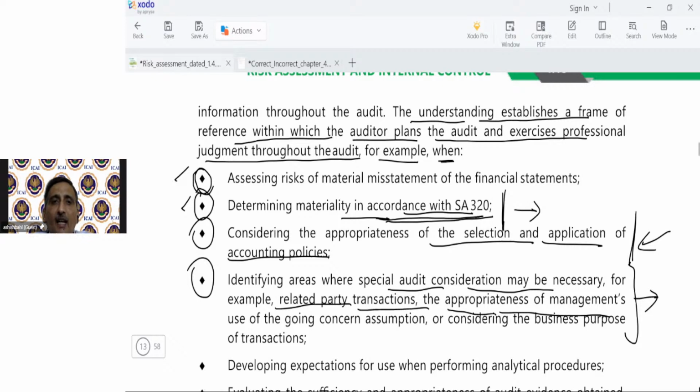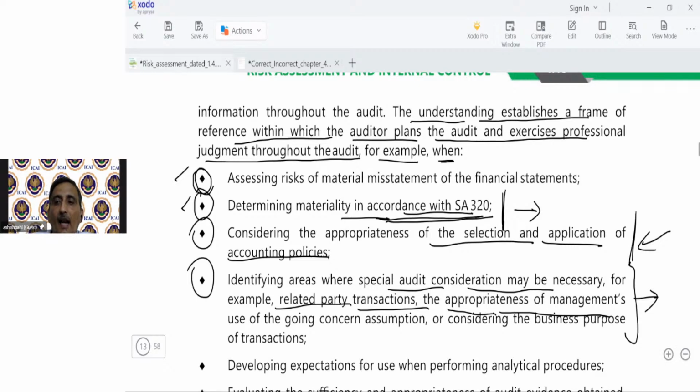Say if initially the auditor has an understanding that the company which he is going to audit is part of a larger group, and it has got subsidiaries, associates, then obviously he would tailor his audit procedures in accordance with that.